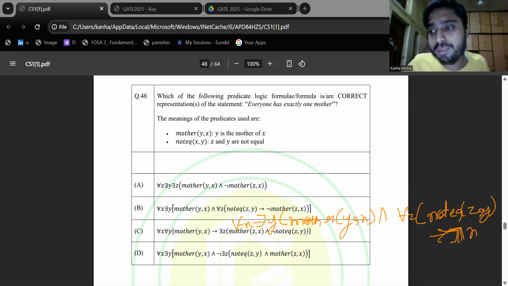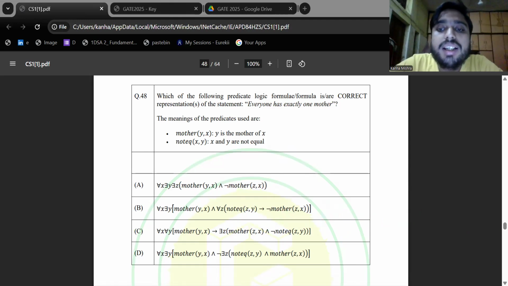This is the not sign applied to mother(z, x), which means z is not mother of x. Formally, exactly one means there is at least one mother and at most one mother. Both are captured together in this form.